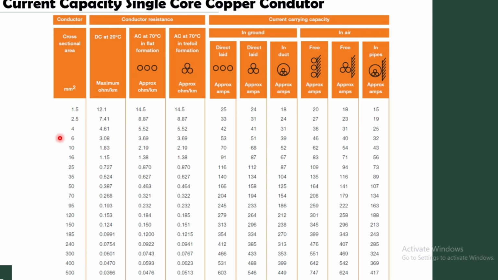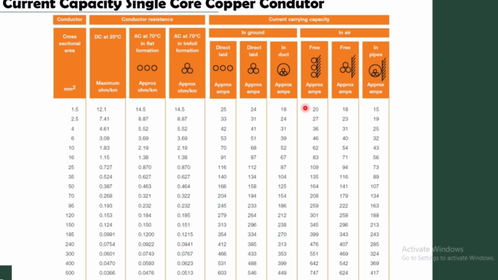See here, for example, if I have a 70 mm cable, this is the way of the installation: if it is direct lay, or trefoil, or trefoil in duct, or free, also trefoil free or trefoil free in a pipe.